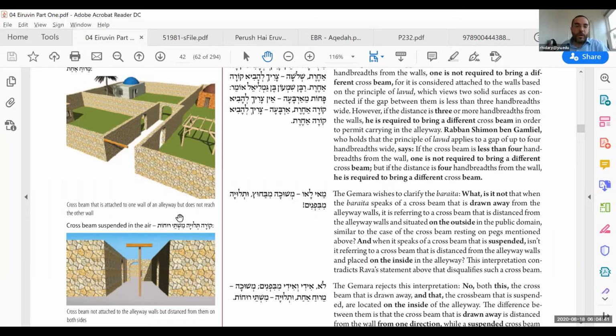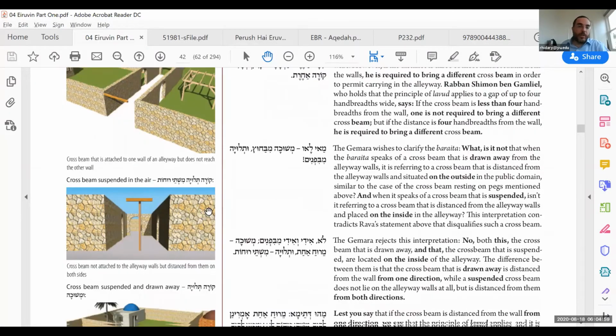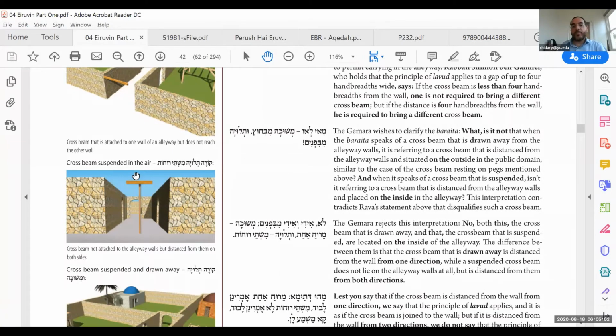To say mishucha means that it's suspended on one side, and teluya, meaning hanging totally, means it's suspended on both sides. And so you need lavud on this side and a lavud on this side. If it's less than 3 tefachim here and less than 3 tefachim here, then it's considered all straight, all there, and that would be okay. So therefore, this is not a proof against Rava. Rava could still maintain that if it's totally in front, then it's no good.